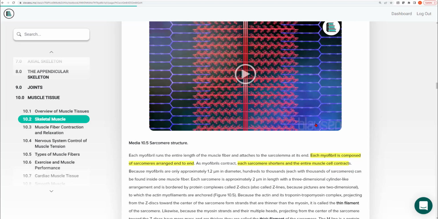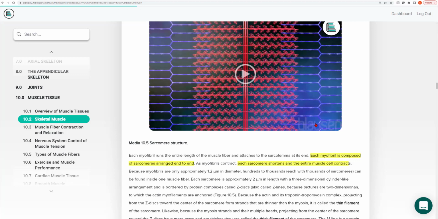So it's actually the sarcomere that is getting shorter. And all of these hundreds of thousands of sarcomeres are simultaneously shortening. And that leads to the contraction of the muscle.